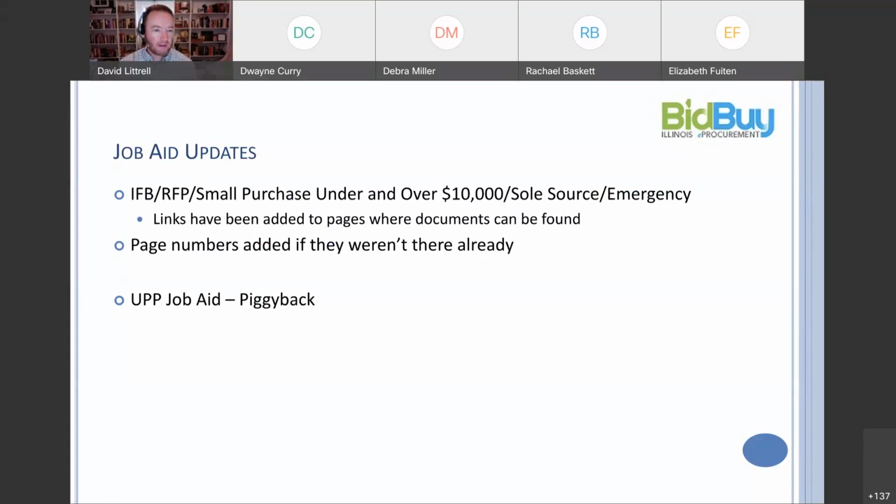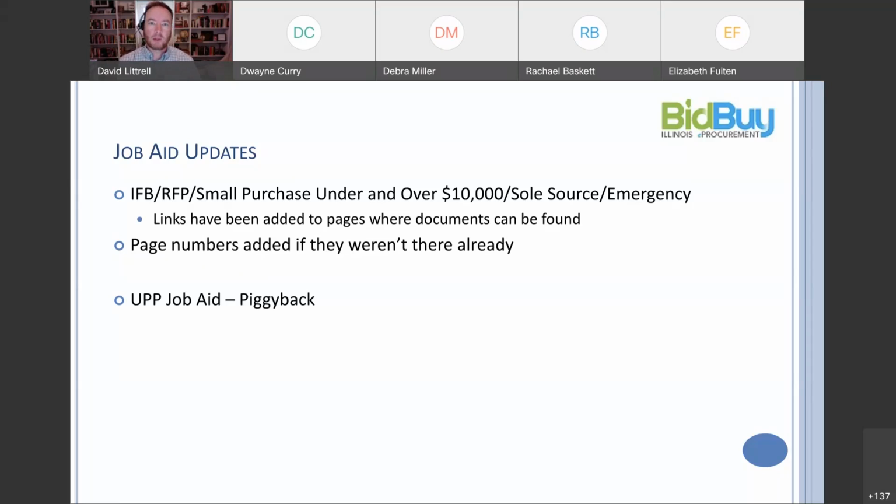And then a couple job aids for the UP program, the Unified Procurement Program, got updated. So if you're in the middle of doing a piggyback, make sure you're using the most updated one. All we did there was make it mirror more of the renewal process.